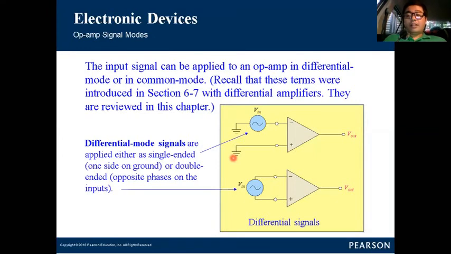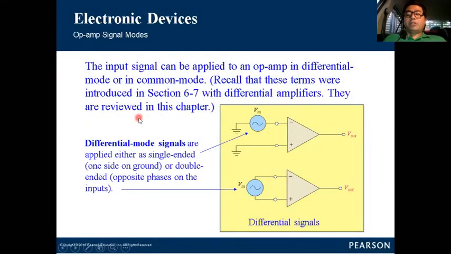So that's single-ended. Pwede rin naman ganito. Itong ating inverting input ay directly connected sa ground, and dito naman natin ina-apply yung ating signal sa non-inverting input. So pwedeng vice versa. Either of those are called single-ended differential mode.